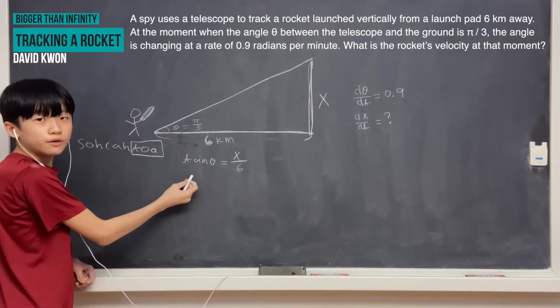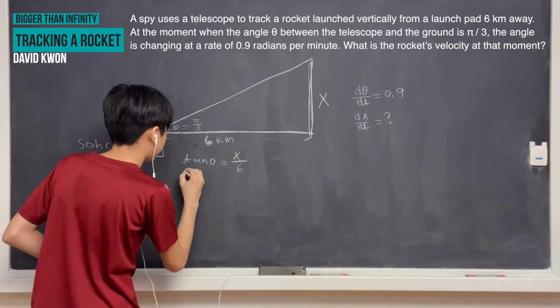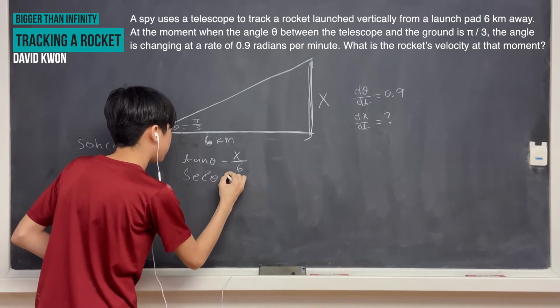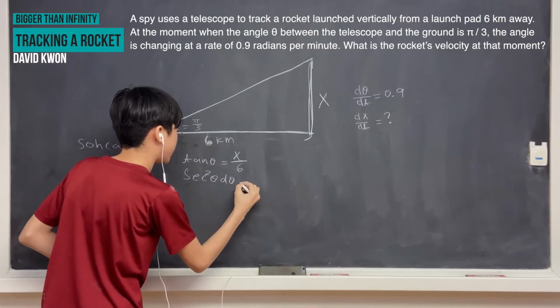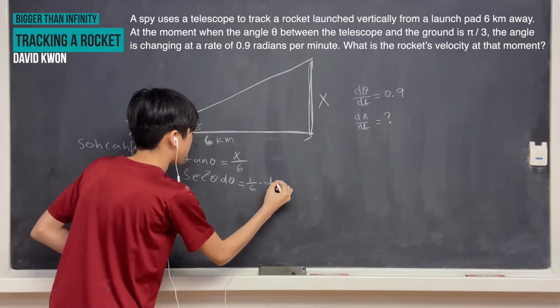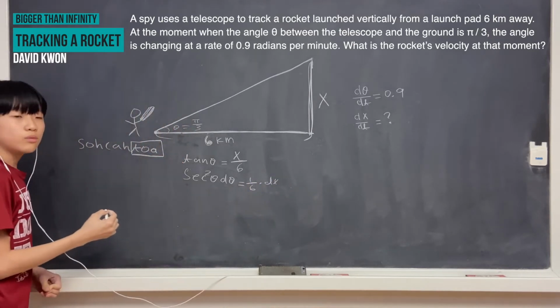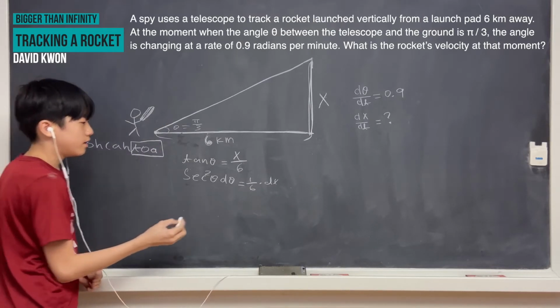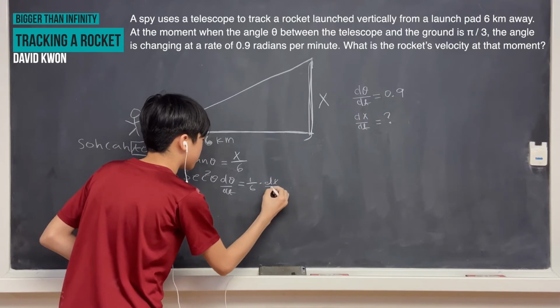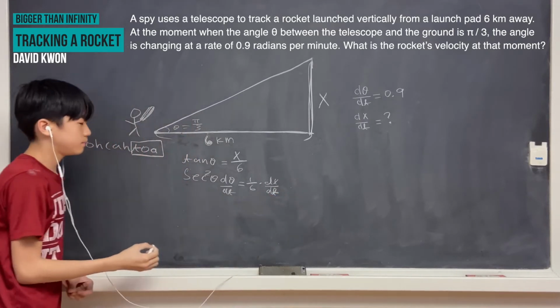We will take the derivative of this right now. So we have secant theta squared d theta is equal to 1 over 6 times dx. We will divide on both sides by dt, so we can make it a rate.